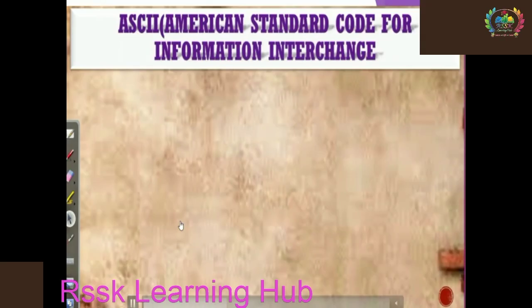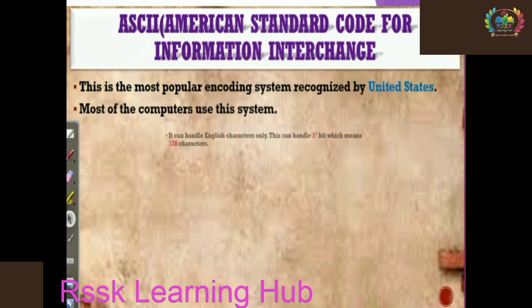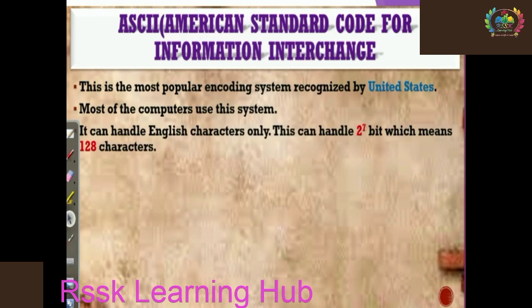Now coming to ASCII code, this code stands for American Standard Code for Information Interchange, and this code is recognized by the United States. Most computers know this code, that is ASCII code. Whatever A you specify, it will have some value for A, that is your ASCII value.